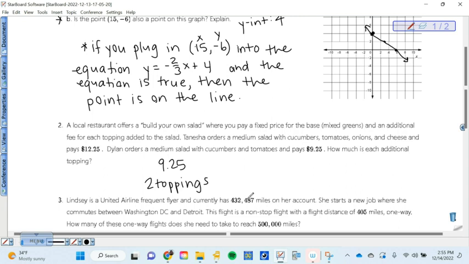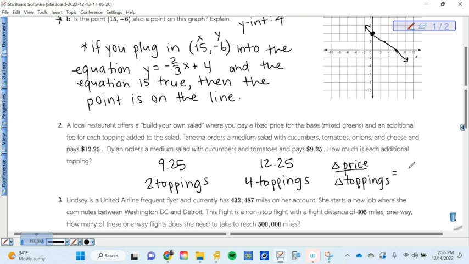Count again. 4. 4 toppings cost how much? $12.25. So to find the cost per topping, we need to look at the change in price compared to the change in toppings.